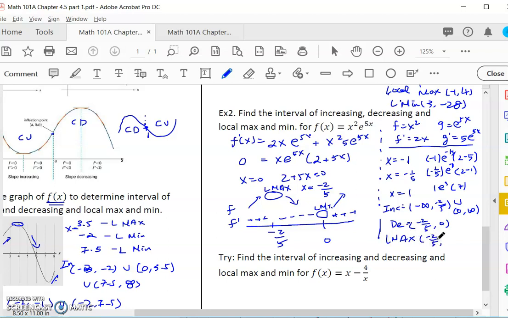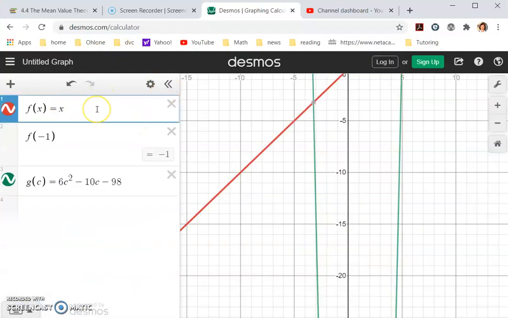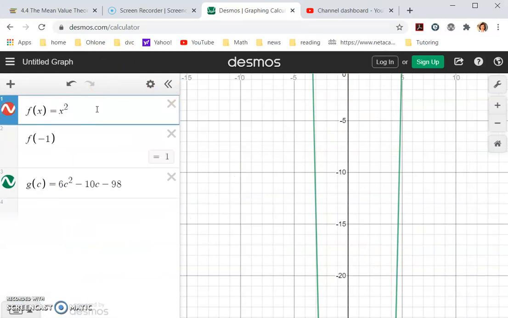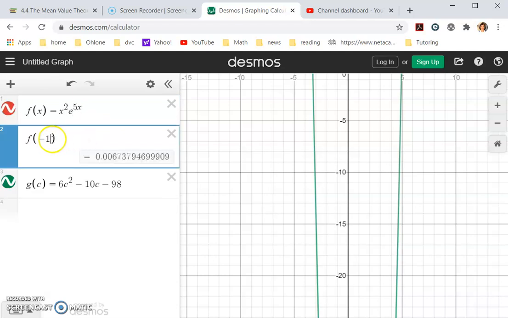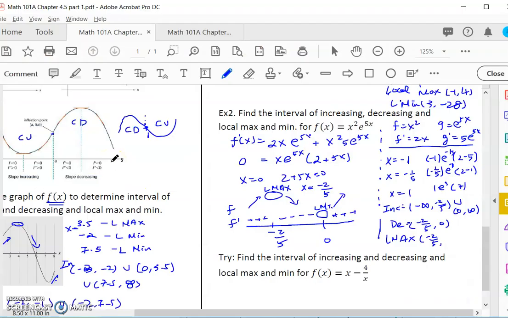Let's put it back into the original function, x squared e to the 5x, and use a decimal because I don't want to calculate it exactly. We'll say negative 2 over 5 gives about 0.02. I think it's not an exact number.